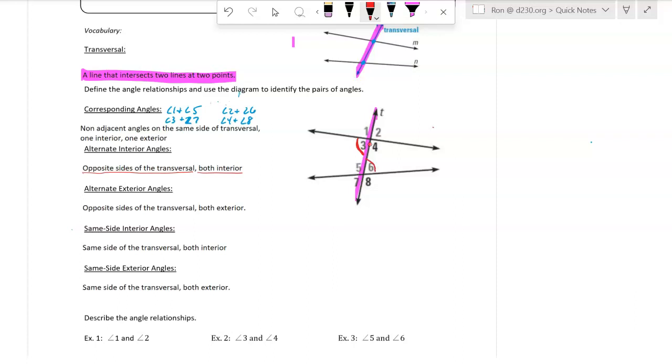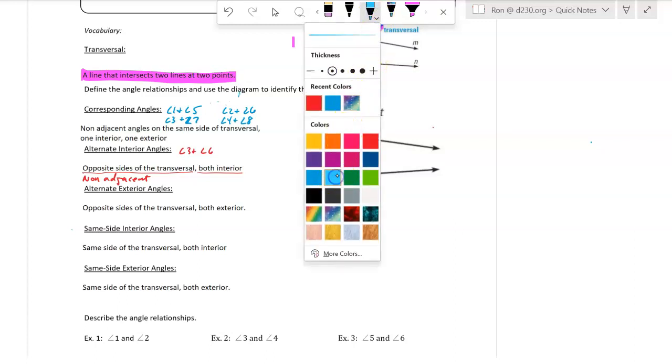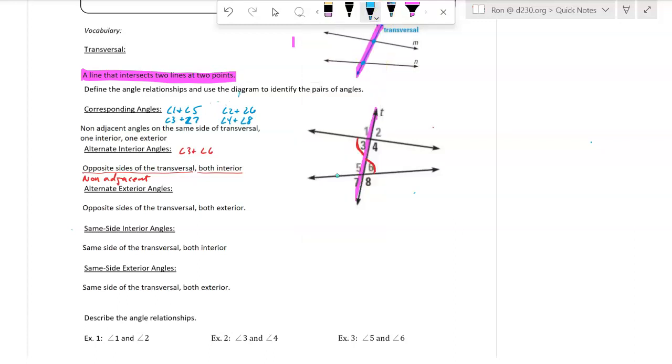We would say angle 6. Again, these are non-adjacent angles; they cannot touch each other. So angle 3 and angle 6 would be alternate interior angles. We could also say that angle 4 and angle 5 are alternate interior angles.